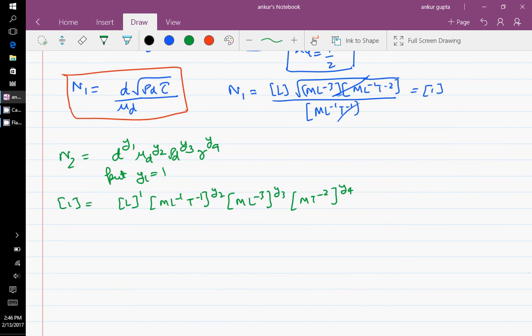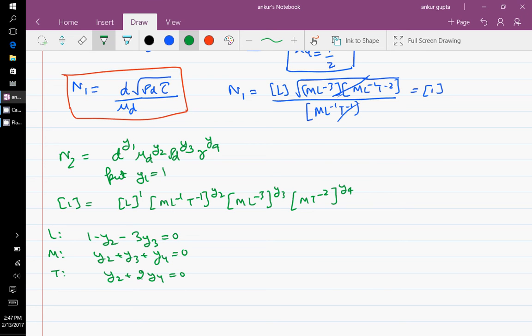Your equations this time would become something like this: 1 minus y2 minus 3y3 equal to 0. This would be for L. For M, you will get y2 plus y3 plus y4 equal to 0. And for T, you will get y2 plus 2y4 equal to 0.